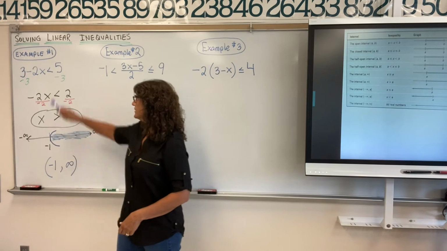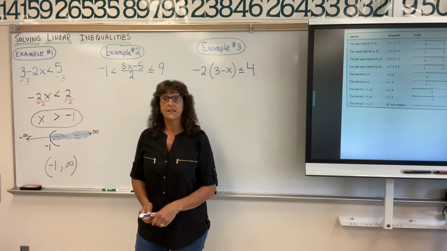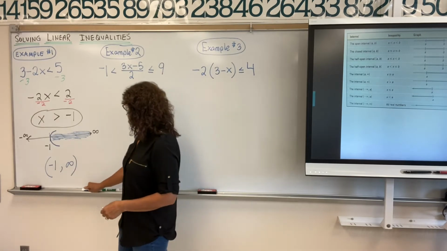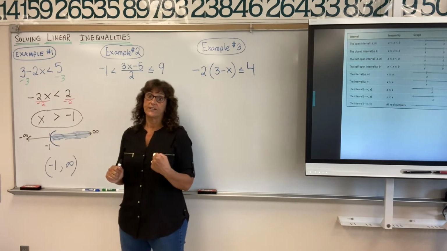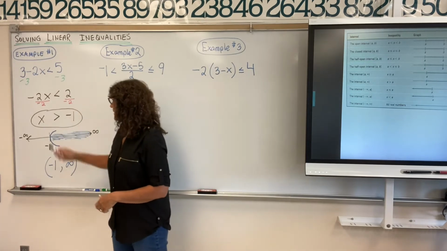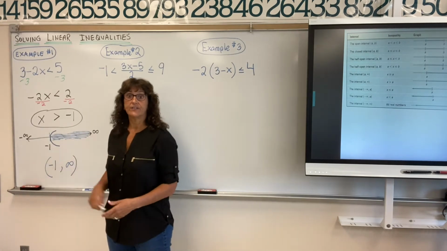So here's the inequality we had to solve. There's a lot going on in this inequality. Divide both sides by a negative, you've got to change the inequality sign. Here's your inequality answer, graphing it, and then how we write it as an interval.